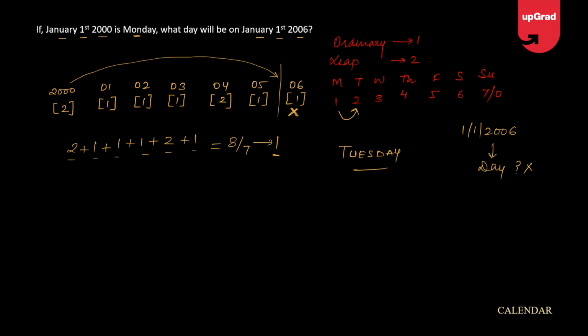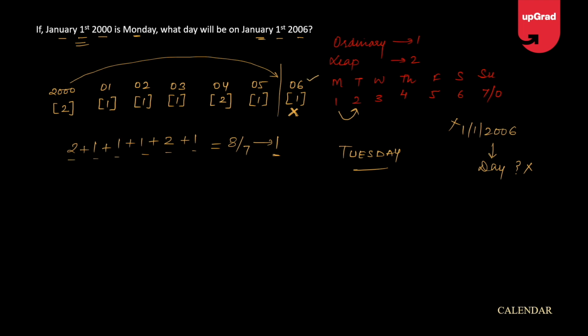Why? Because this is a question based on reference. If this is true, then what is the day on January 1st, 2006? So we should not apply the same concept that we used in the previous question here. Number two, why did we not count odd days for 2006?